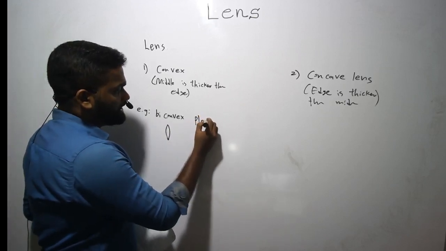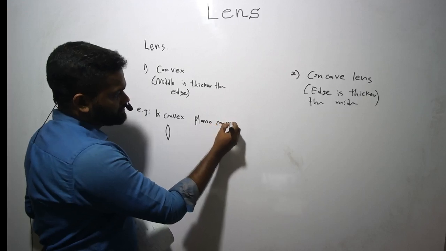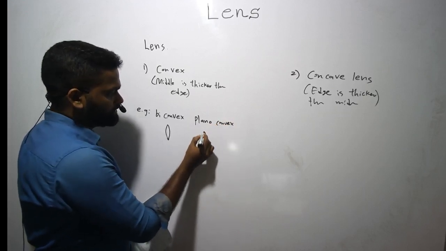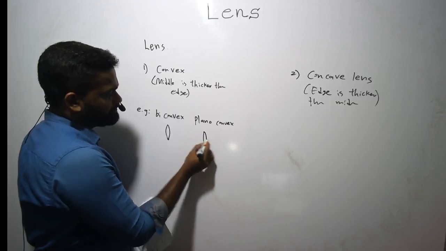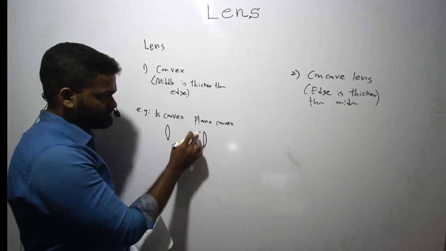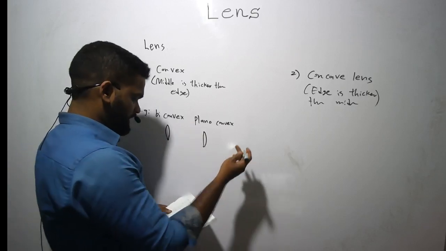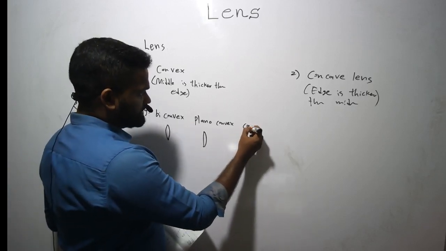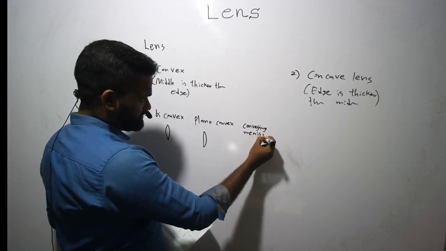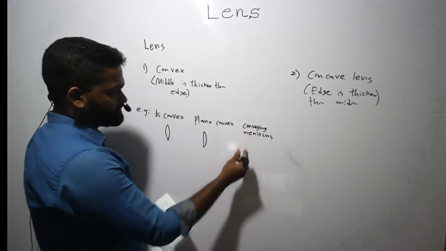Then we have plano-convex. Plano-convex means one side is plane, and still the middle is thicker. These two sides are thin, the edges are thin. Then we have a converging meniscus.